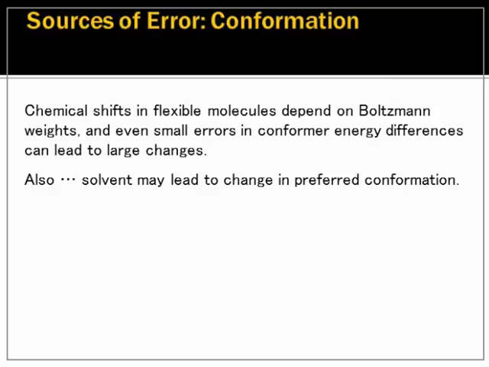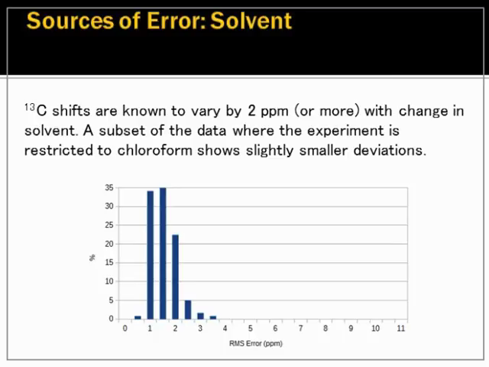Now, one has looked at that by doing the following exercise. If you take that set of 300 molecules and you separate them into two classes, those that are done in one solvent, and chloroform is the dominant one, versus ones that are done in all solvents. So this is a subset. What you see is that this is a tighter distribution.